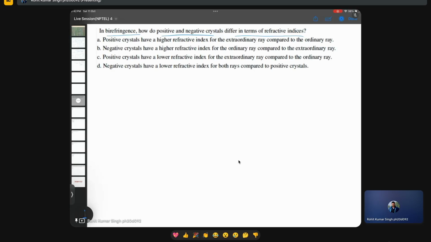Option A: positive crystals have a higher refractive index for the extraordinary ray compared to the ordinary ray. For positive crystals we had this condition, and for negative crystals we had this condition. So option A is correct.